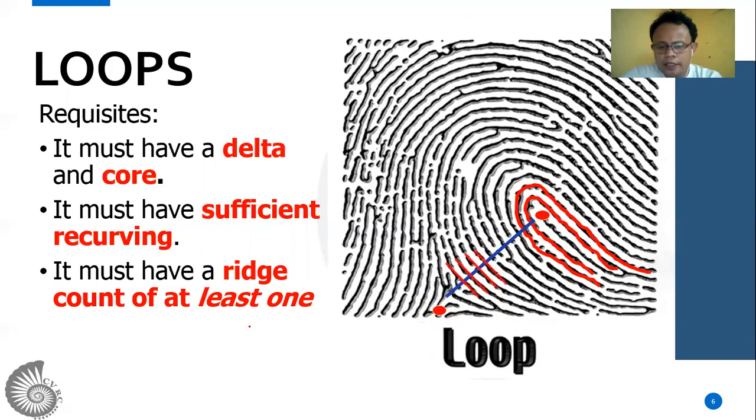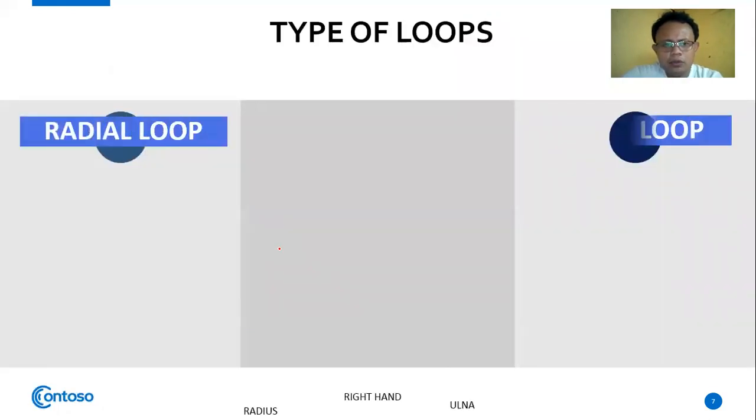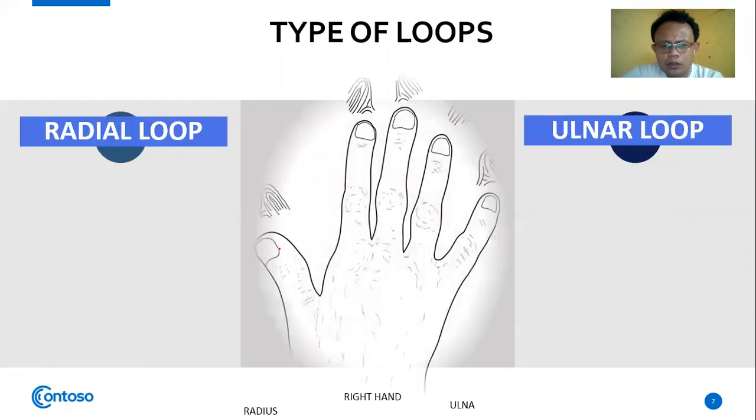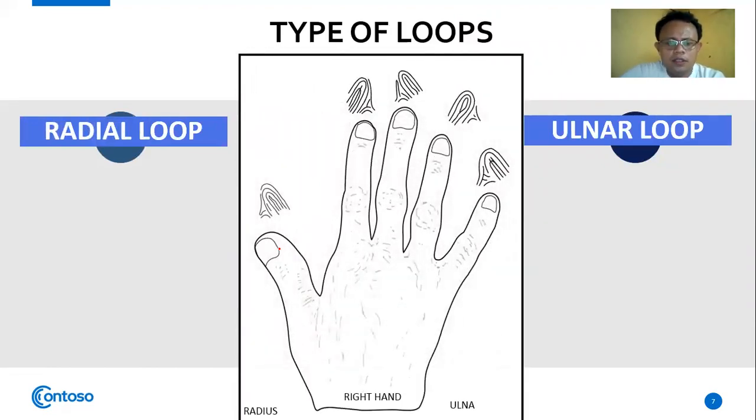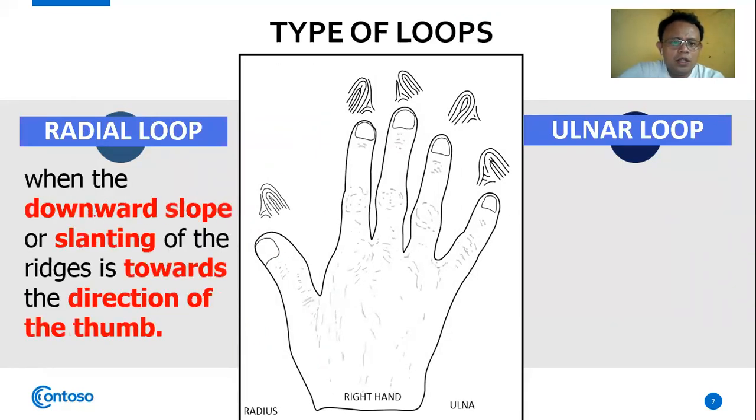Let's proceed to another slide. The types of loop: we have radial and ulnar. Take note of this, especially since this loop always comes out in the board exam. Radial loop is the downward looping.